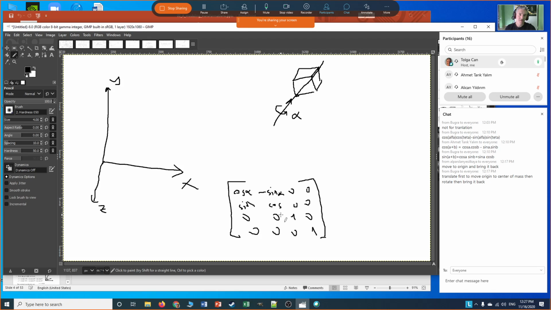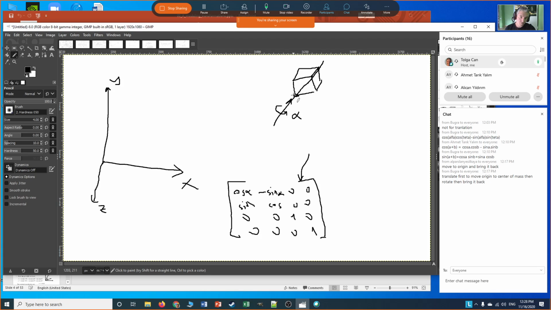Now, here is what we will need to be able to use this easy matrix that makes our lives easier. Our lives will be really easy if the rotation axis was the z-axis, right? So that's what we're going to do. We're going to take this arbitrary axis. How can we do that?